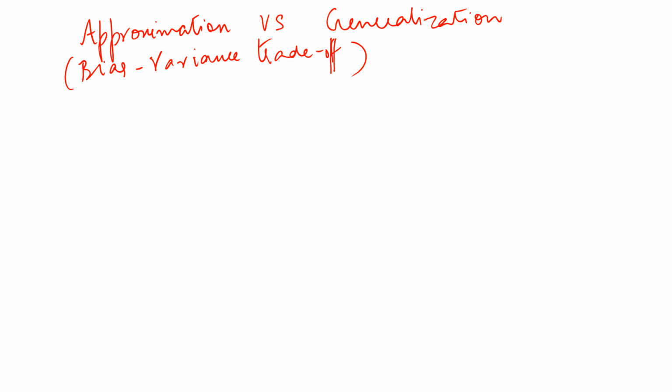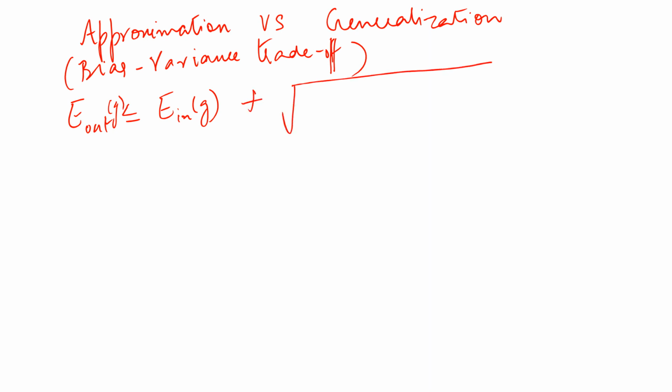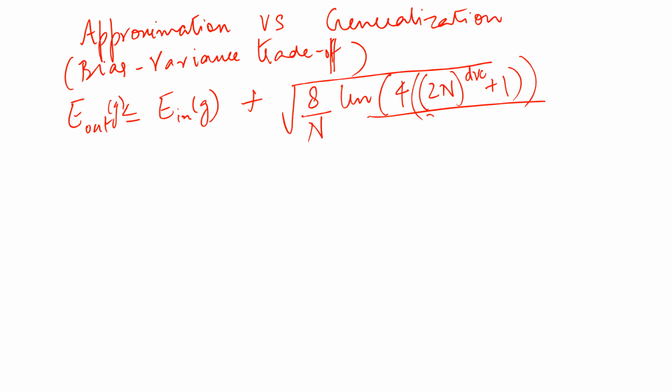Okay, so if you remember, let me rewrite this equation, the relationship between E out of g and E in of g with this error bar, which we also call complexity going forward. So it's the square root of 8 over n times log of 4 times 2n to the d_VC over delta.